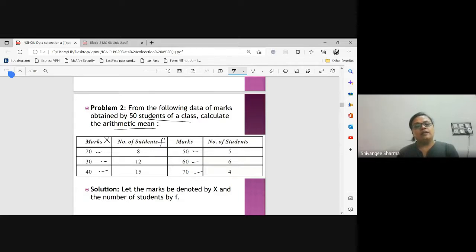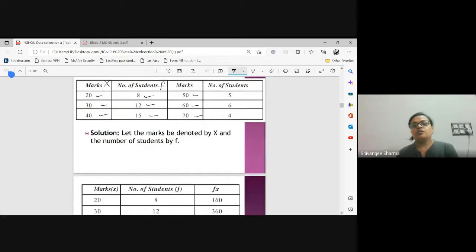So here we have 8 students who got 20 marks, 12 students who got 30 marks, 15 students who got 40 marks, 5 students who got 50, 6 who got 60, and 4 who got 70 marks. So you have to calculate the mean because the formula was summation of fx upon summation of f.